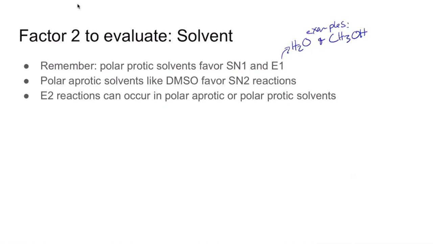And then we have polar aprotic solvents like DMSO, that's a popular one, or HMPA, that's another one you might see that's polar aprotic. Those tend to favor SN2 reactions. And does anyone remember why polar aprotic solvents might favor an SN2 reaction?